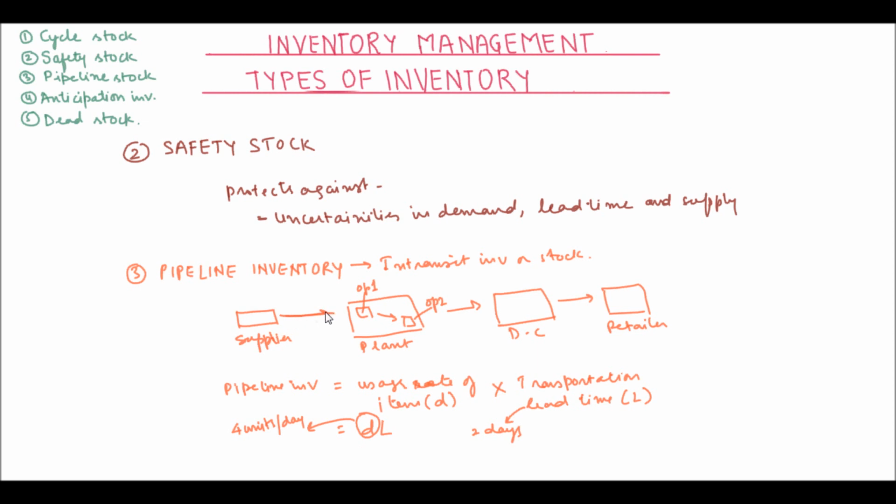So the item here is being shipped from the supplier to the plant and it takes 2 days, and the item which is being shipped has a demand of 4 units per day. So basically what this means is that each day there is demand of 4 units. So in 2 days the demand is 8 units. So D into L, this becomes 8, and that is my pipeline inventory or in transit inventory. We will look at more examples of this concept later on.